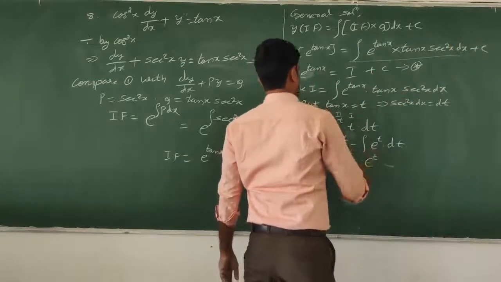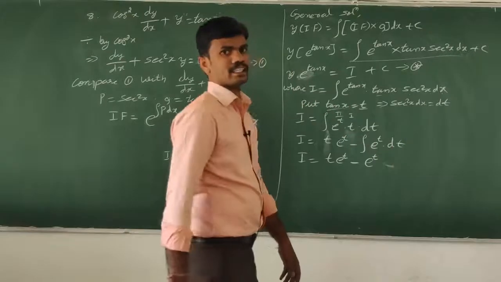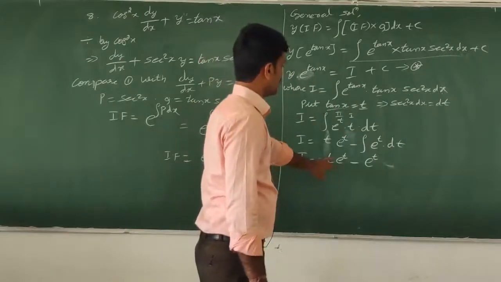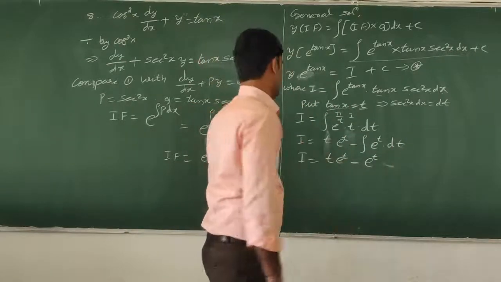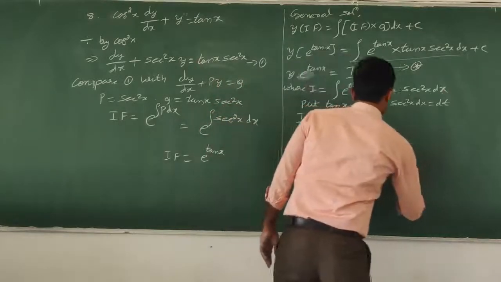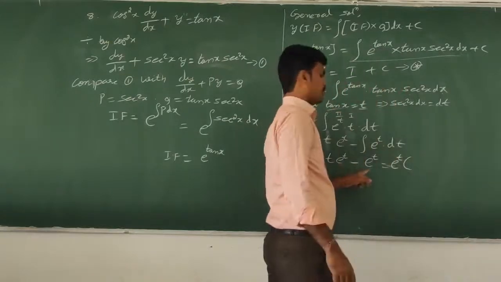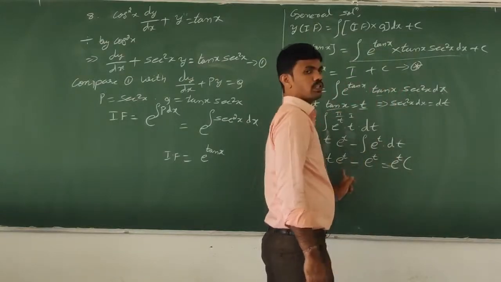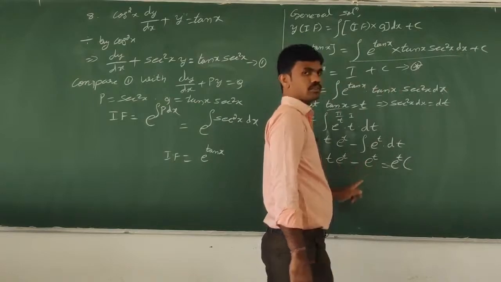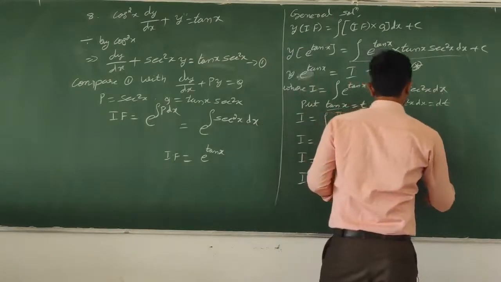Now what is the value of t here? The substitution we took is t is nothing but tan x. Now replace those t's by tan x. Here e power t is common in both the terms, so take e power t as common, and the remaining is t minus 1.